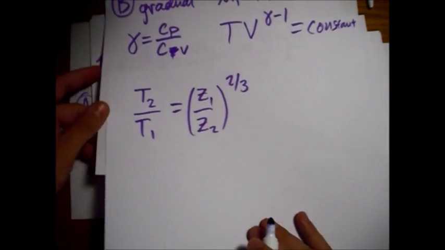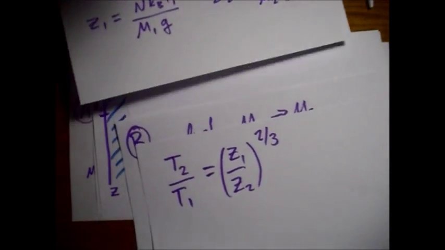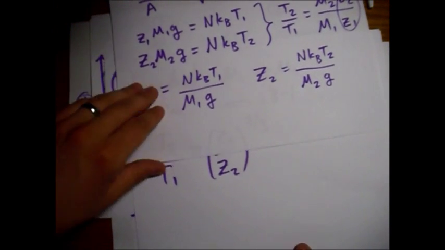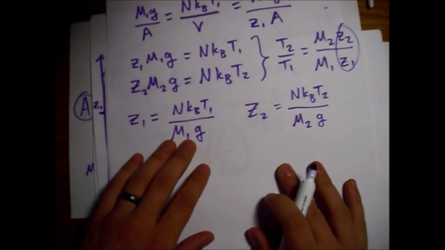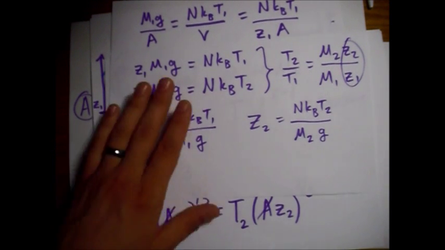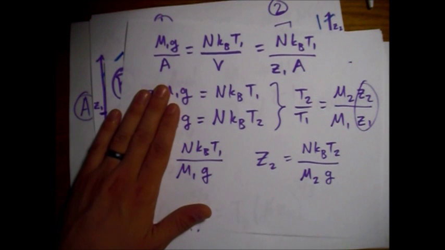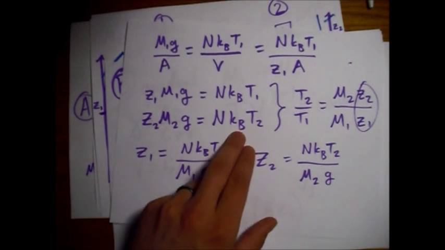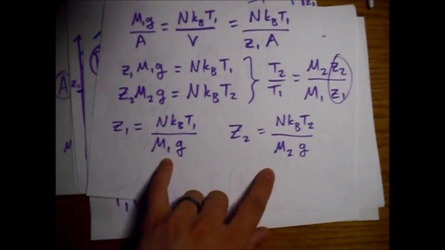Now one thing that still holds in all of this is the pressure balance. At the end points, we still have the weight of the mass balanced by the pressure of the gas. So these equations that we came up with earlier still hold.